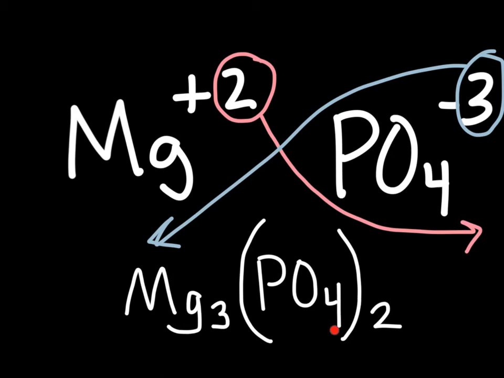Please notice that the subscript of 4 with the polyatomic ion did not change. When we write formulas, we cannot change the subscripts on polyatomic ions. All we can do is move the number from one ion over to be the subscript for the other. Please pause the video and copy this example in your notes.